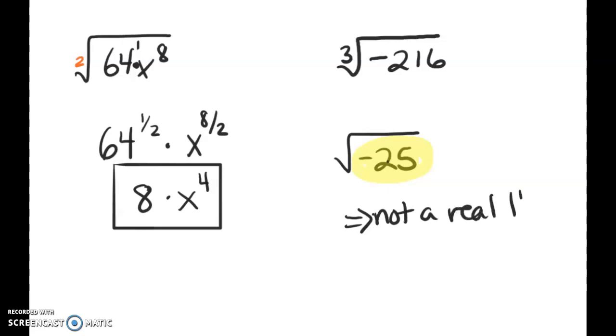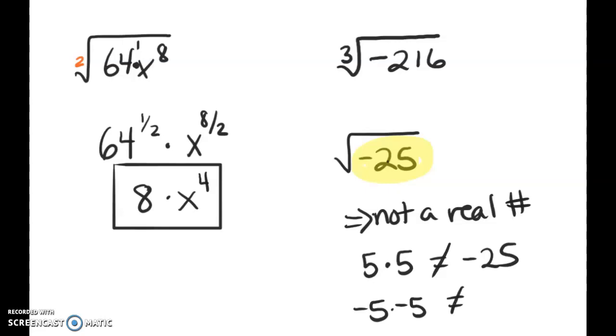And the reason behind this is because there is nothing I can multiply. I can't take 5 times 5 and get negative 25. You have to duplicate it, so negative 5 times negative 5 is not negative 25. So there is no value that goes in here.